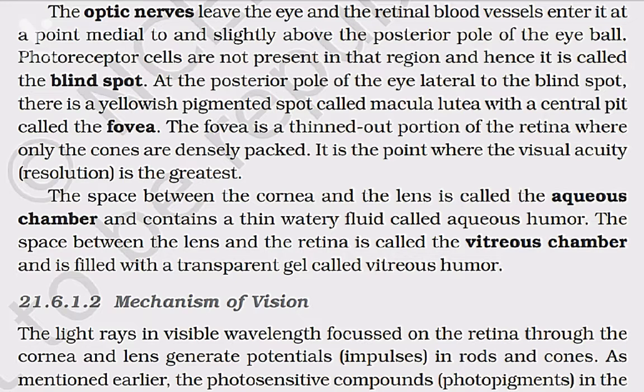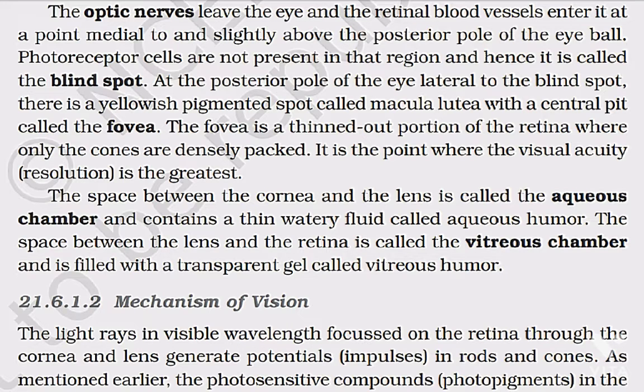At the posterior pole of the eye, lateral to the blind spot, there is a yellowish pigmented spot called macula lutea with a central pit called the fovea. The fovea is a thinned out portion of the retina where only cones are densely packed. It is the point where the visual acuity resolution is the greatest.